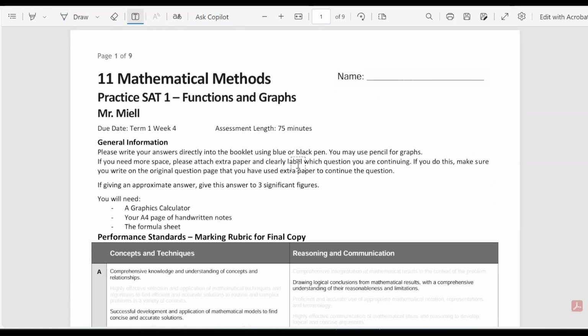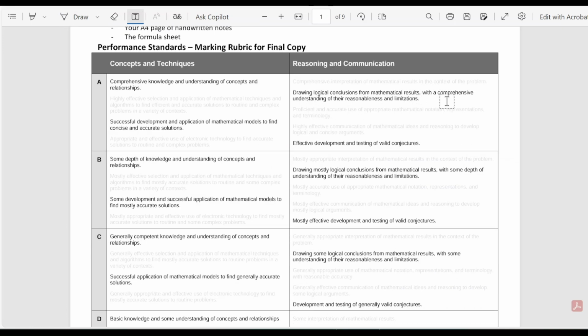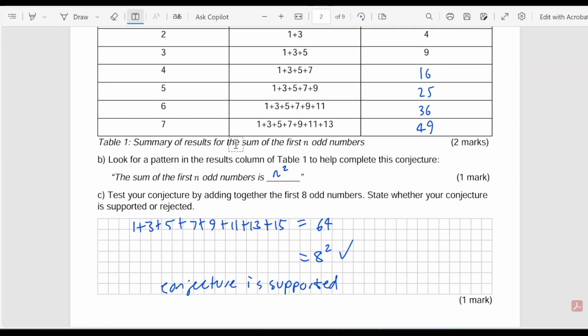Is your answer from F actually reasonable in the real world? So this is getting more at this RC2 performance standard, drawing your conclusions, but then are they reasonable?